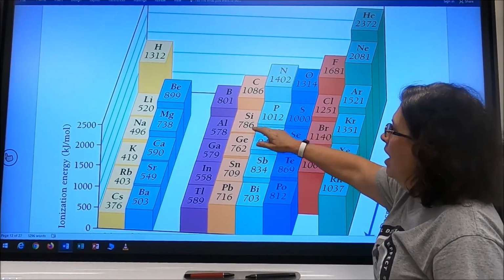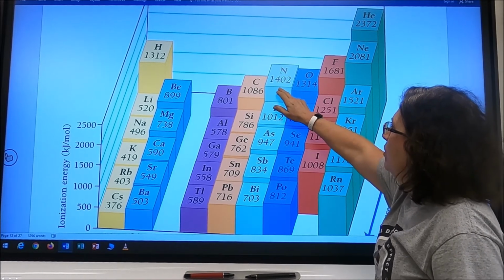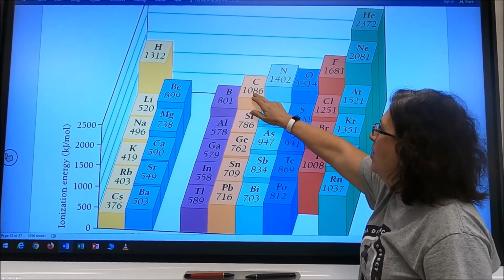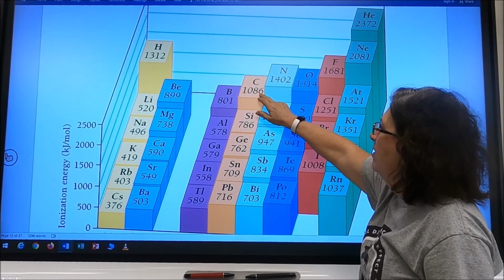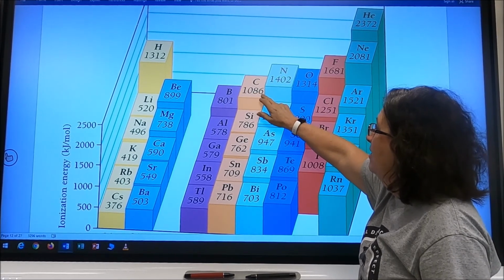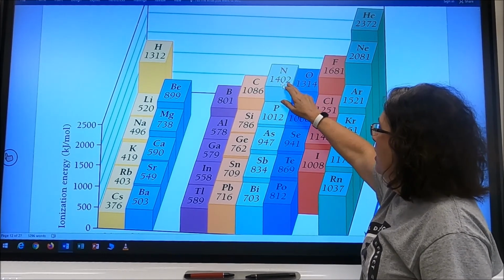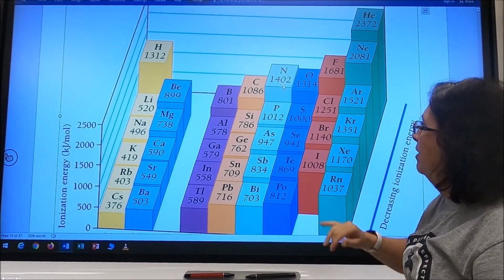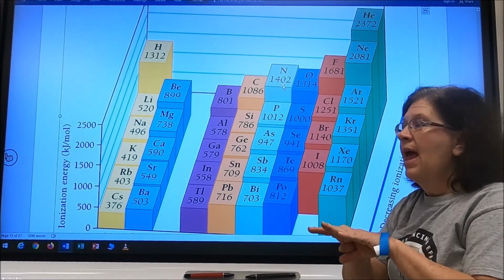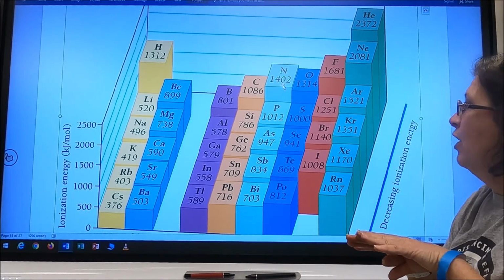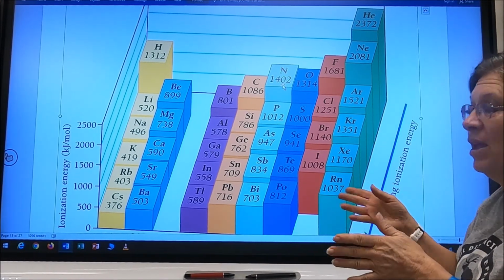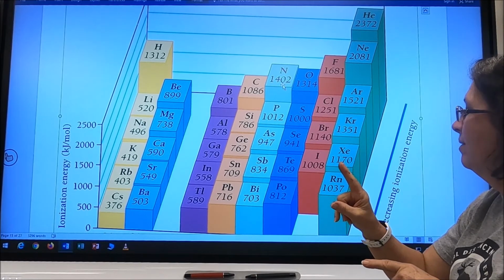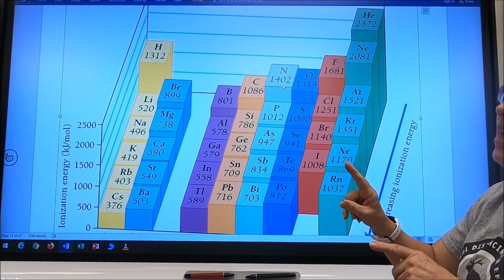Now, there are a couple of things I want to point out to you. Notice that nitrogen goes 1402 and down to 1314 for oxygen. Nitrogen has a half-filled subshell, so each of the p orbitals has 1 electron. Turns out nature likes that.